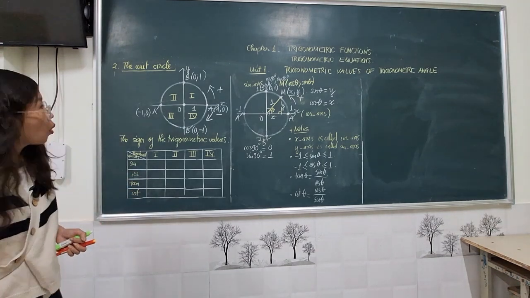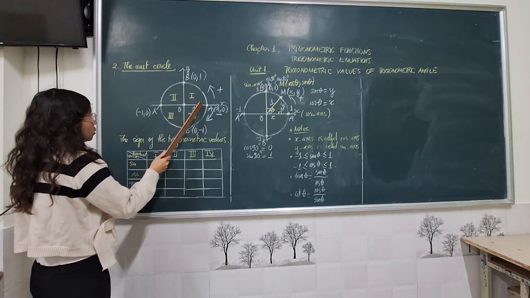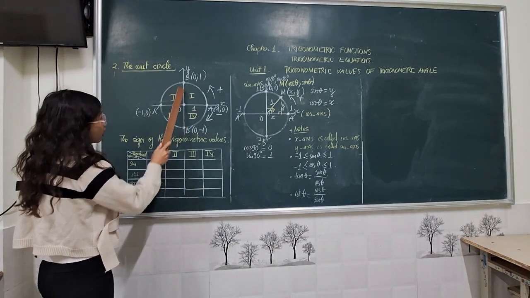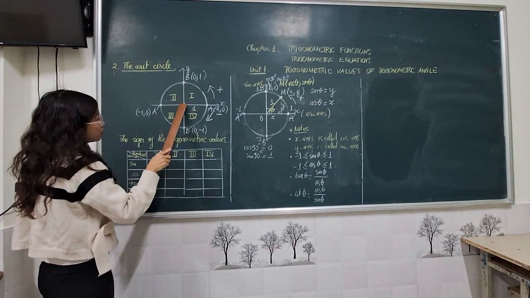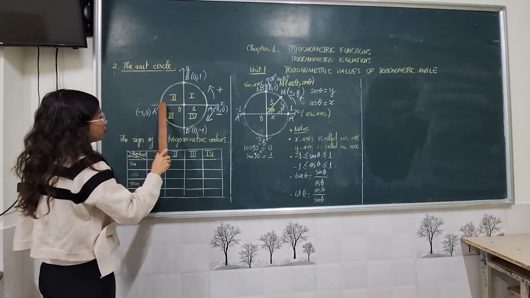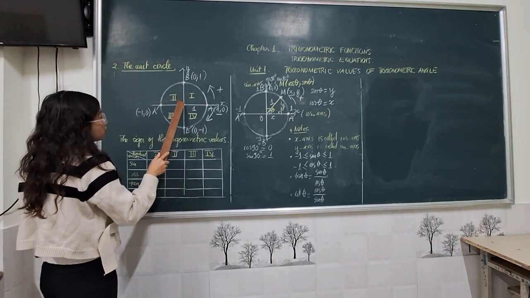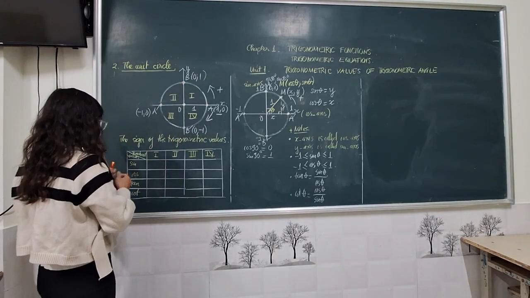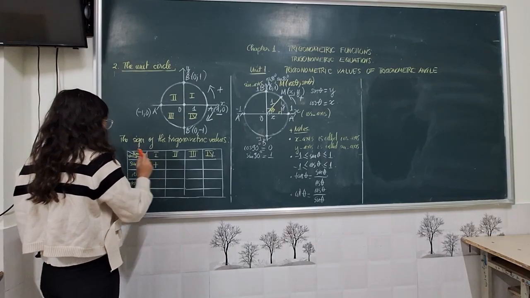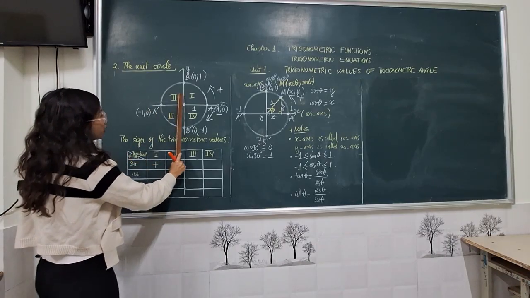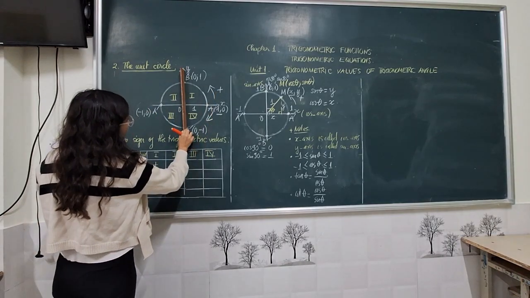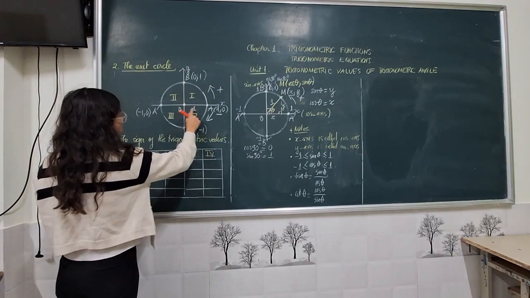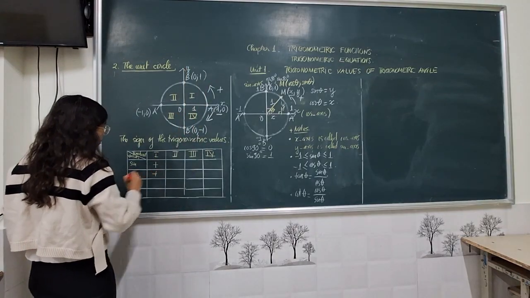Now let's see, in quadrant 1, the first quadrant, sine is above the x-axis, so sine is positive. Cosine is to the right of the y-axis, so cosine is positive.